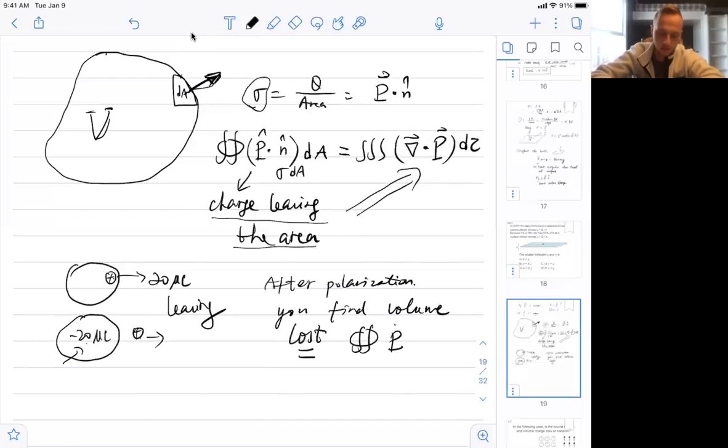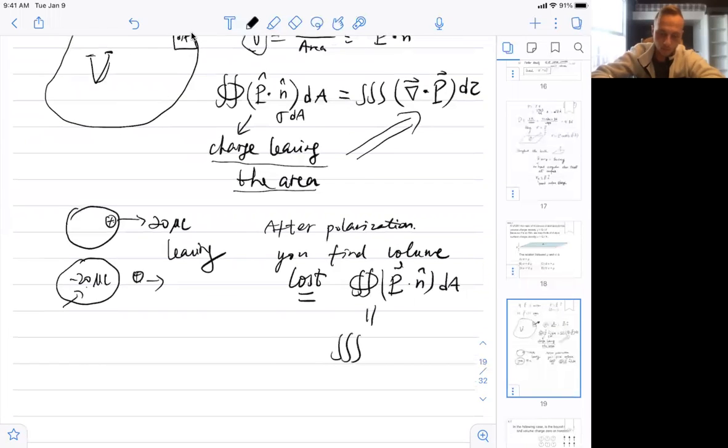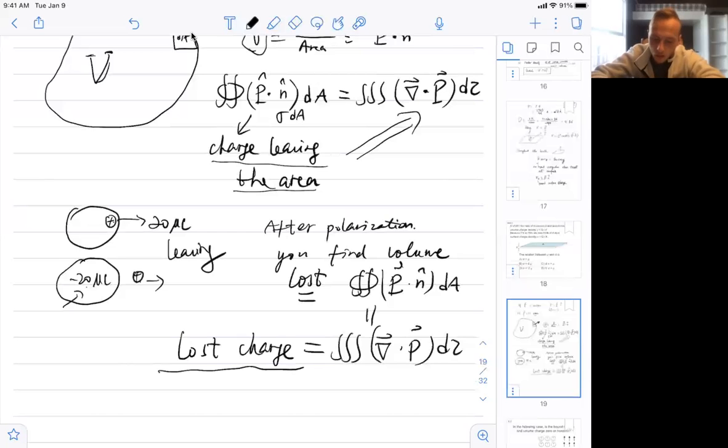Because that is equal to the divergence of P, you can say my lost charge due to polarization is equal to the volume integral of the divergence of polarization times d tau.